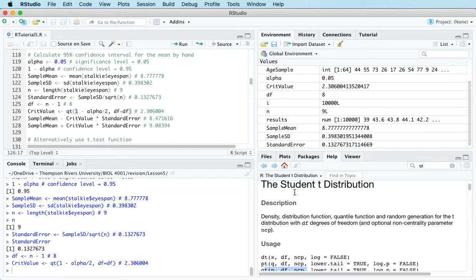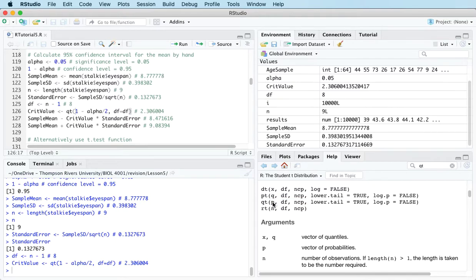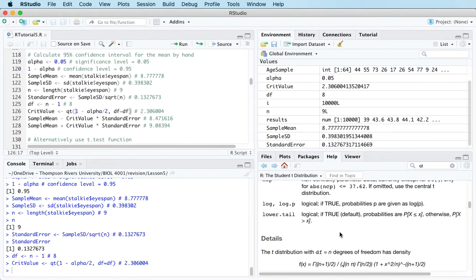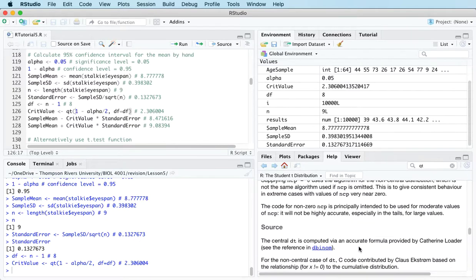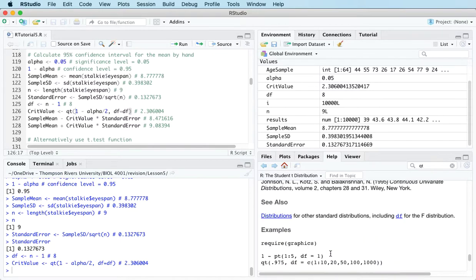Student was the pseudonym of the researcher that developed this distribution. And then these are the arguments, and if you don't know what the arguments are, you can look here for the details, and then if you're still really stuck, you can read all about it, and if you're still stuck, there's usually code at the end to help you figure out what to do.